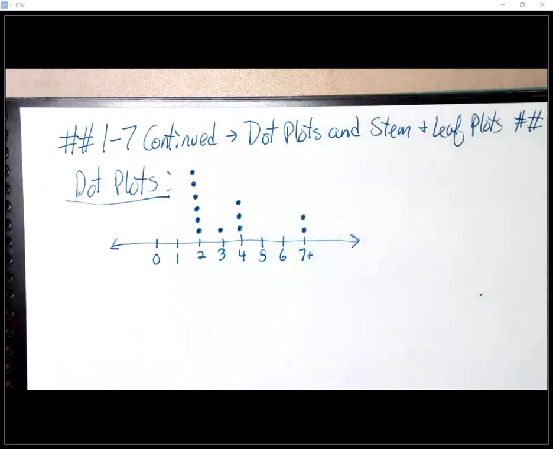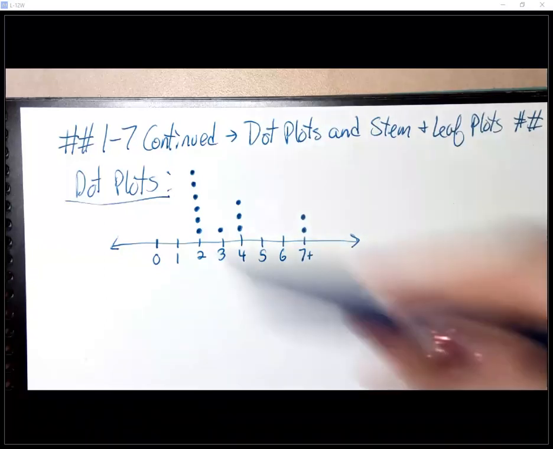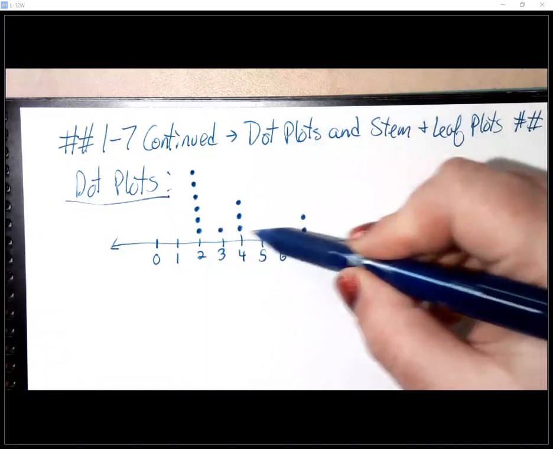I could also ask you things like, how many more people have 4 pets than have 3 pets? And your answer would be 2, right? So it's a nice way to visually see very quickly, a nice way to organize the information. I can see it all at once. Nice, easy, simple. The only thing I want to point out is that when you put your dots, make sure you're putting them at the same level.